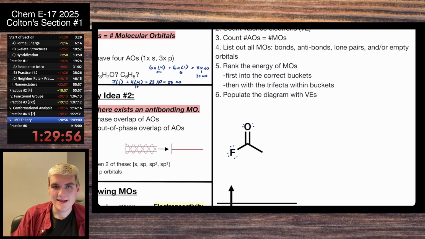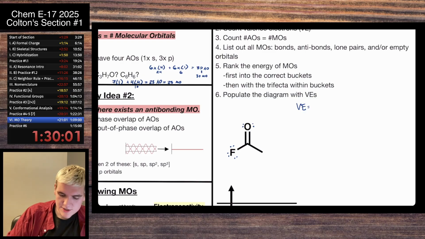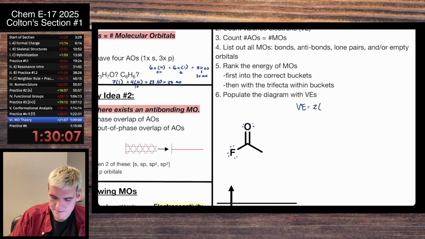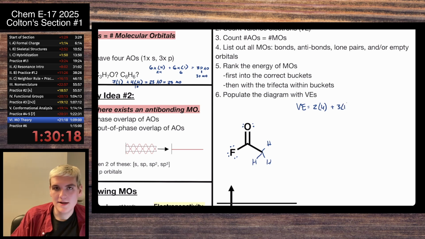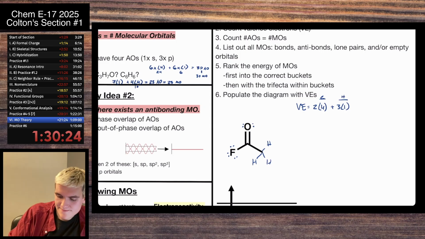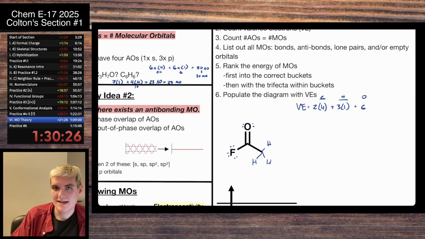Then let's count our valence electrons. So we have 2 carbons here. They each have 4 electrons. Then we have 3 hydrogens hidden on the end. So let's go ahead and draw them in. And hydrogen has 1 towards our valence electron count. So this is our carbons, this is our hydrogens. We have an oxygen, which has 6 towards our electron count.